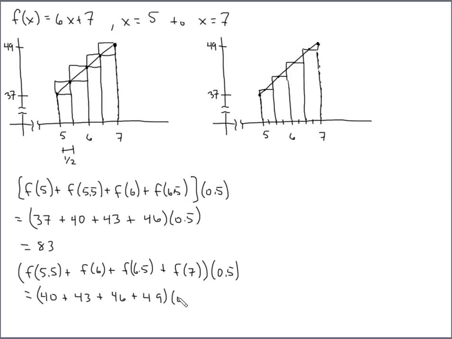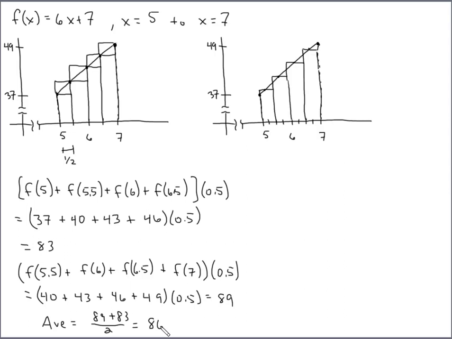So multiply this by 0.5, and that gives us 89. That's the answer to part A and part B. And if we want to answer part C, we want the average of these two. So the average of the left and right endpoint approximations is 89 plus 83 divided by 2, and that is 86. So there's the first three.